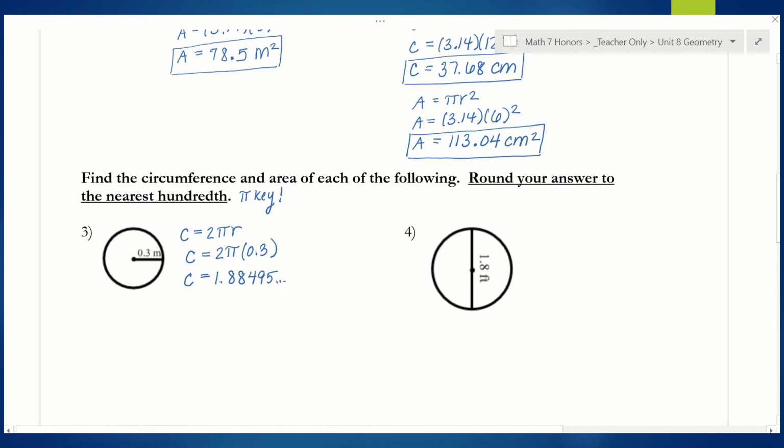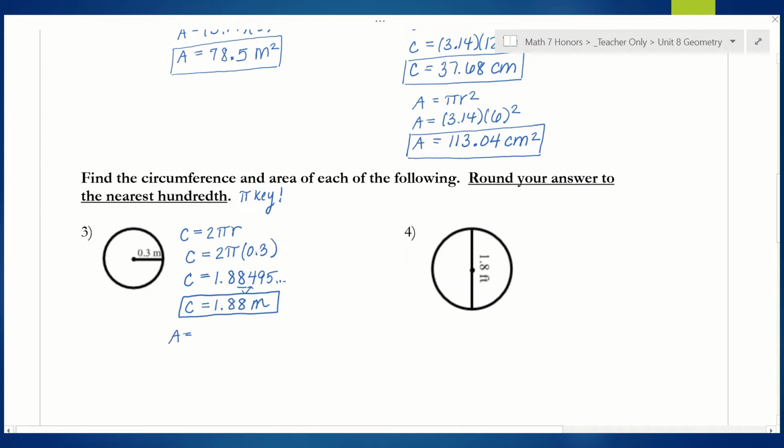So if I had to round that to the nearest hundredth, remember I look at the hundredth place, and who's next door? It's a 4. So that tells me to keep it 1.88, and that is meters.